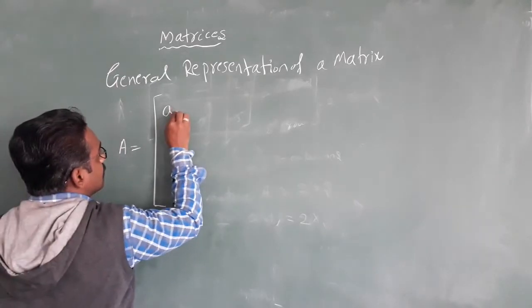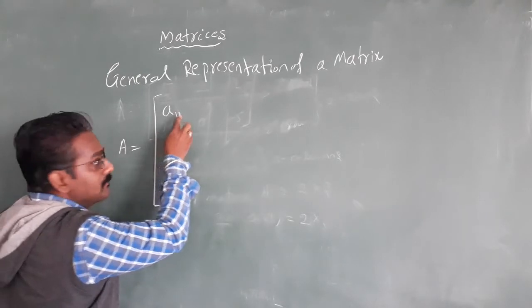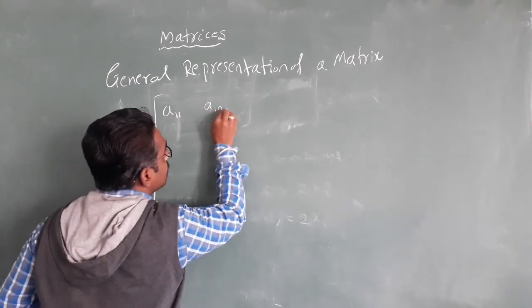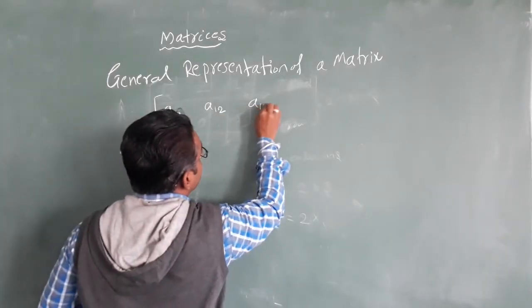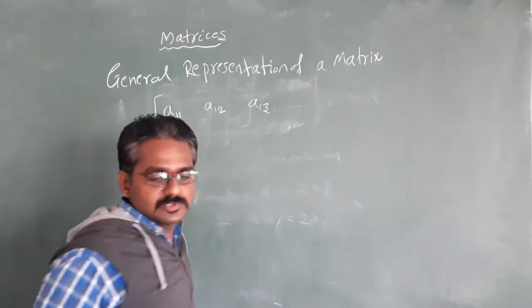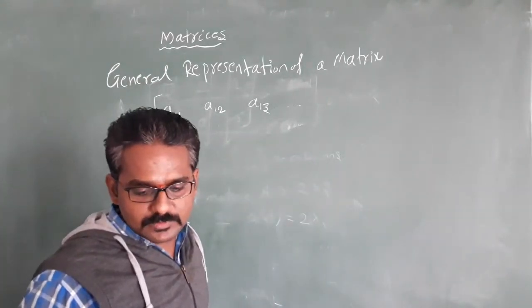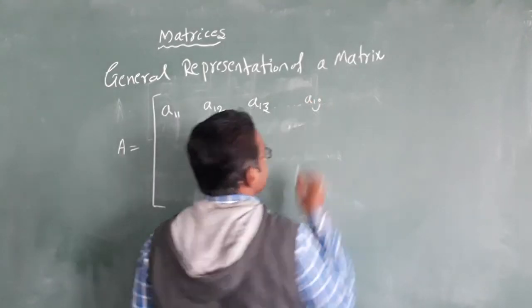So, A11, first row, first column. Next, A12, first row, second column. A13. Likewise, so on up to A1j.